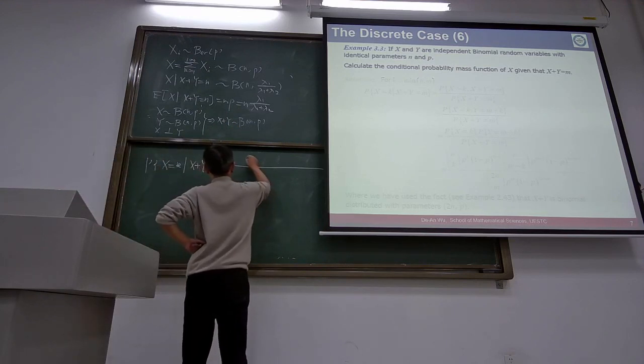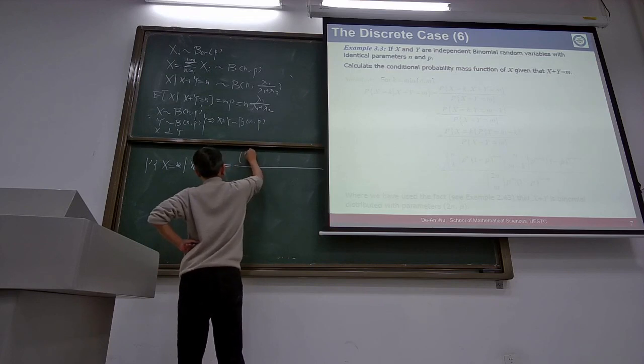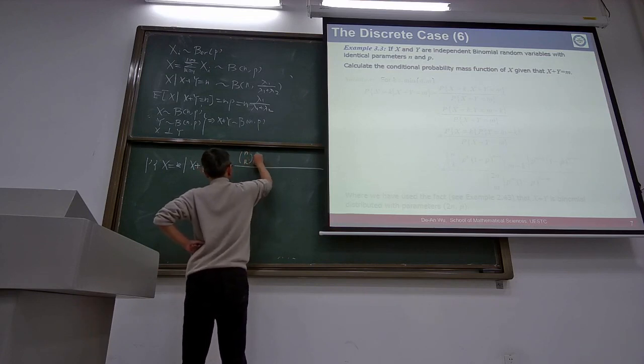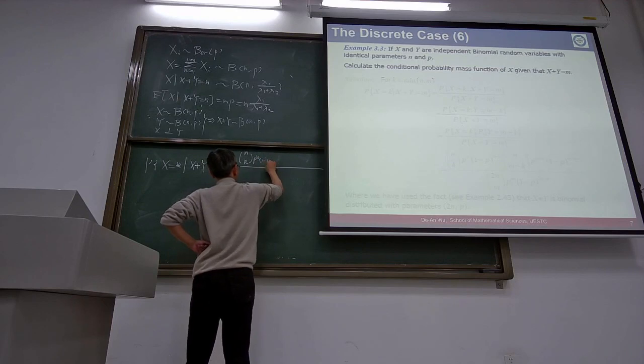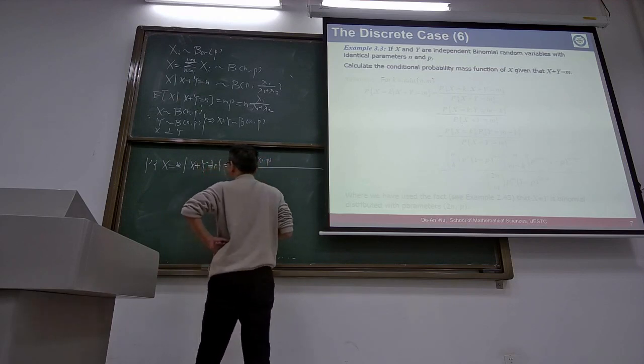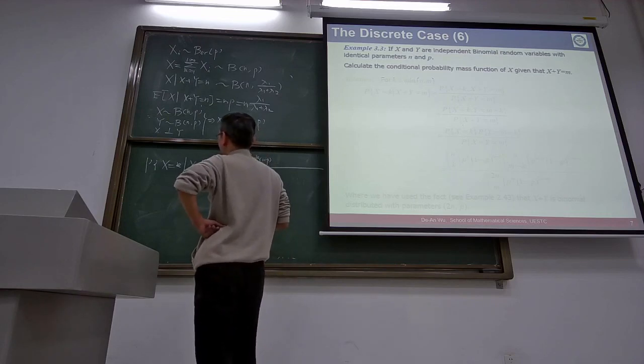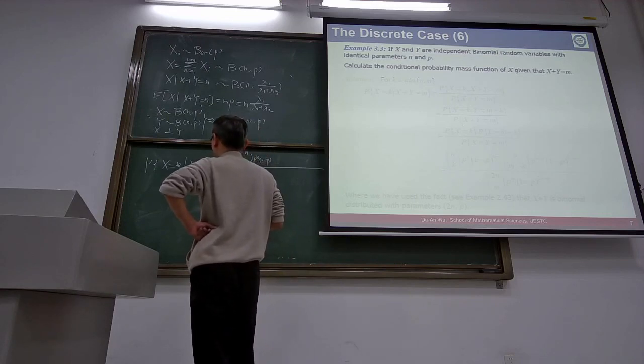Independent, this gives n choose k, p to the k, 1 minus p to the n minus k. X equals k, yes, x binomial.